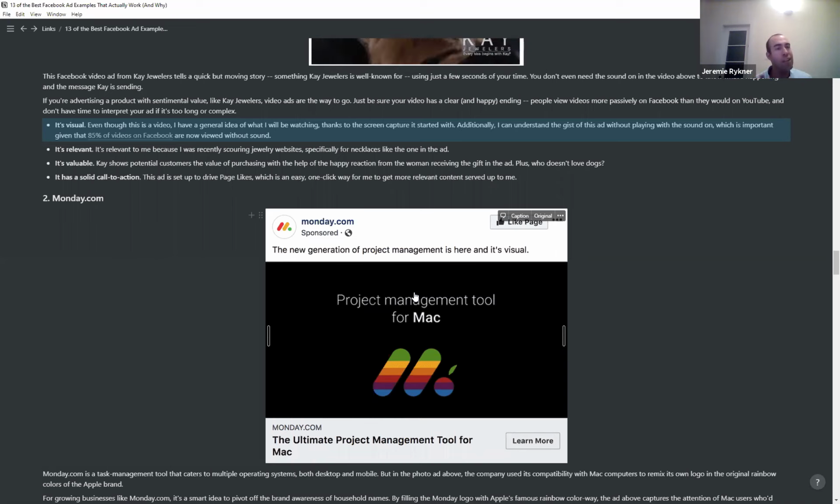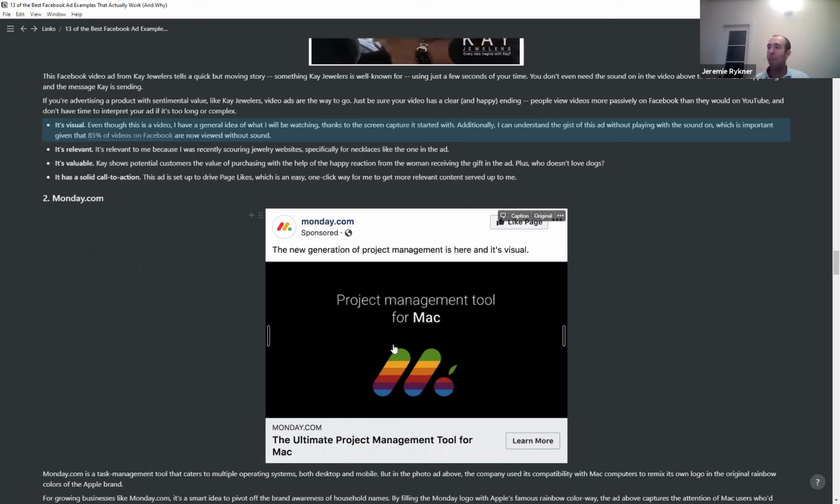Plus, if you notice, there's another little game here. It's also their logo. Look, we can see here the logo of Monday.com is the same here. So they are basically integrating elements from Apple and Mac with their own logo. It's like a double game here.